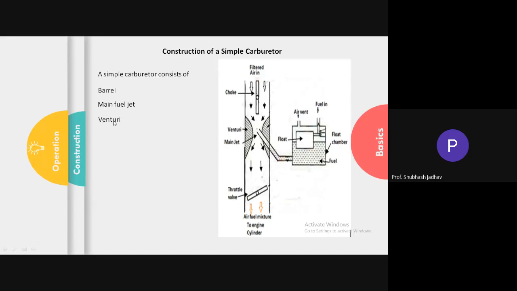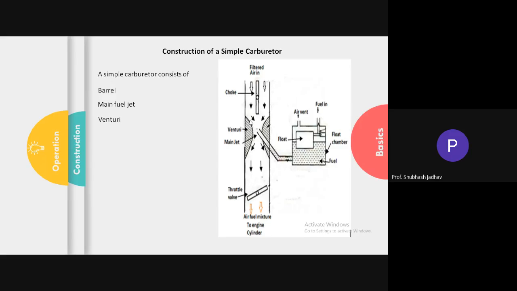Now next is the venturi. So here we have put a venturi. This is the venturi. As we discussed earlier, this is the venturi. Now what is the function of the venturi? We have discussed earlier also that we want some mechanism to ensure that air is being brought into the system and fuel is also brought into the system.